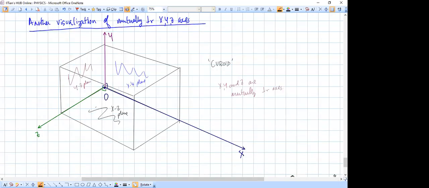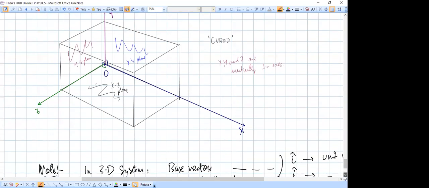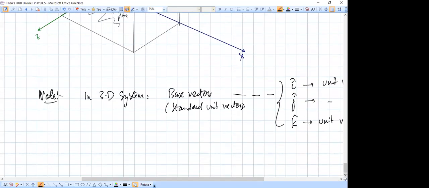So now in a 3D system, any vector is represented in this way. The base unit vectors, or standard unit vectors, or base vectors, are i cap, j cap, and k cap.